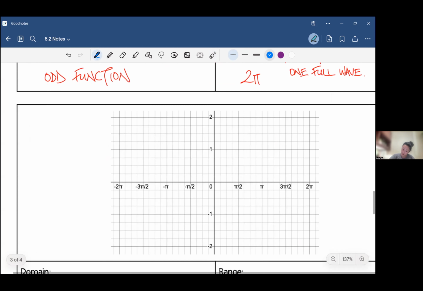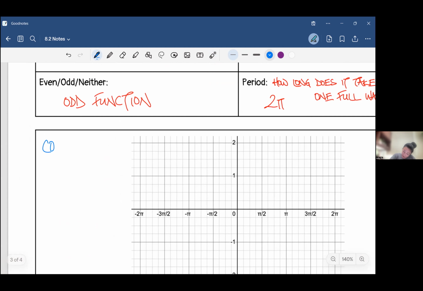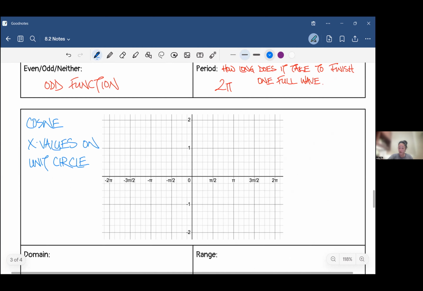So for cosine, remember that these are the x values on the unit circle. Okay. So if I go to the angle 0, the x value there is 1.